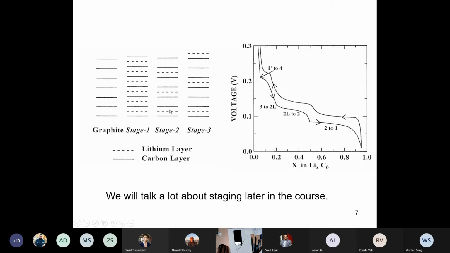All right, so each gallery can hold 1 lithium for 6 carbon, but in stage 2L, there would be about 1 lithium for 12 carbons in this gallery. When you go across this flat spot, those interlayer spaces fill up. And when you get over here, every second gallery is full to the max, okay? Every second gallery is full to the max at this point. And then as you go across this plateau, you make a transformation from stage 2 to stage 1.